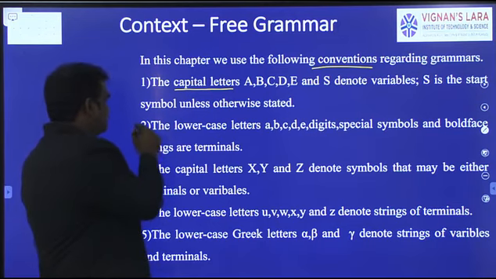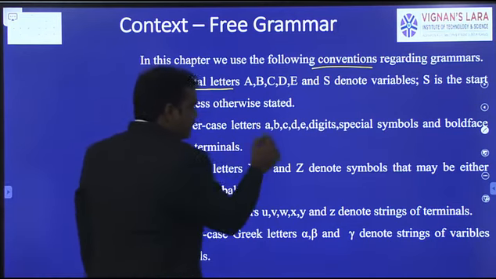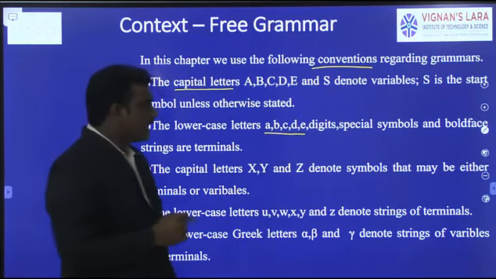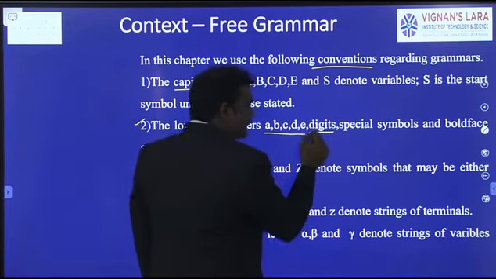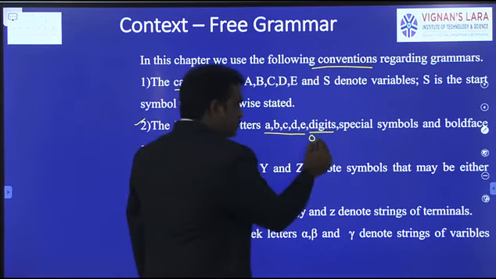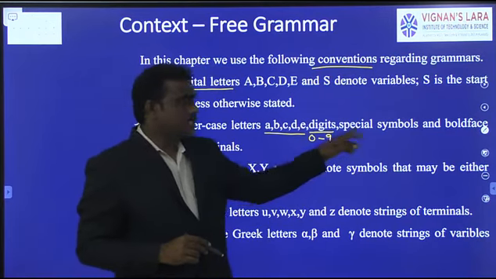And the second point is the lowercase letters like a, b, c, d, e, lowercase letters, digits. So digits means 0 to 9, 0, 1, 2, 3, like that up to 9. Special symbols.